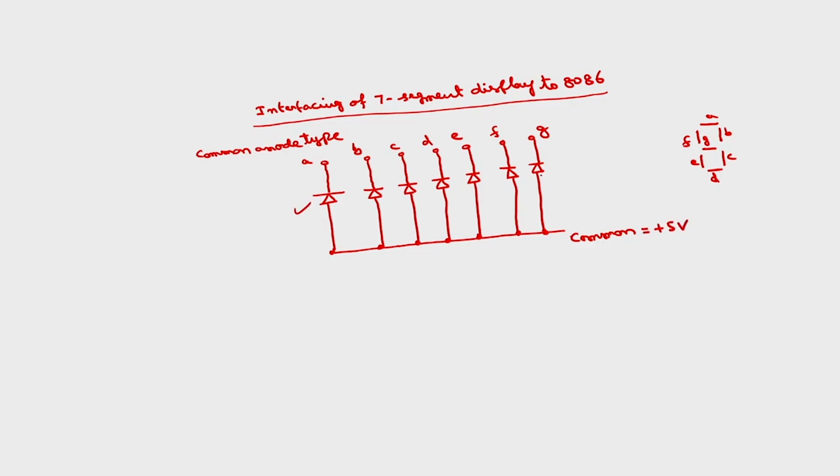To glow an LED, the anode should be plus 5 volts and the cathode should be ground or 0 volts. Okay. So, if A is equal to 0, it implies the segment A will be lit.